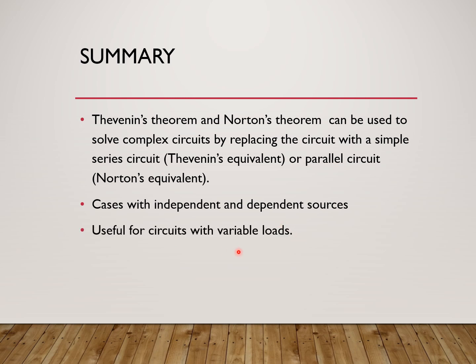Basically, these are very useful when we have circuits with variable loads, like we had seen in the examples. Suppose I want to find out the current using the Thevenin's theorem. So IL is given by VTH divided by RTH plus RL.